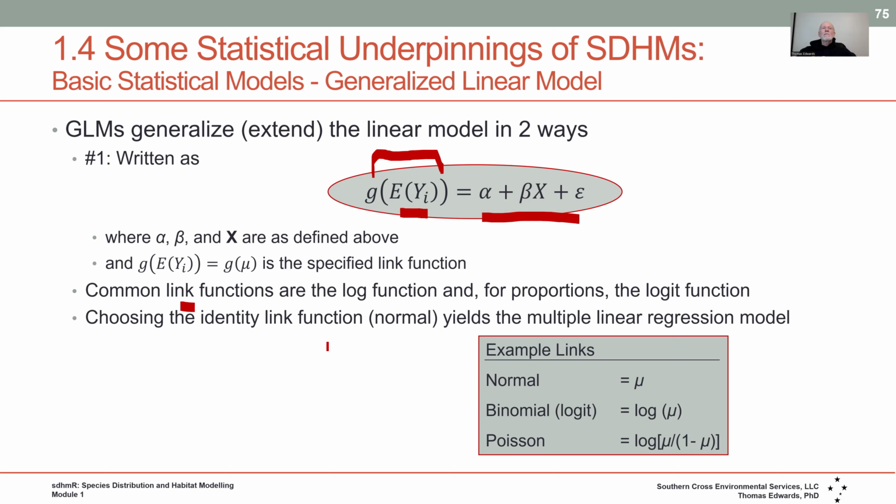Now, common link functions are log, the logit, and to be frank, if you identify a link called the normal, you have a simple linear regression model. So this is the normal right here.